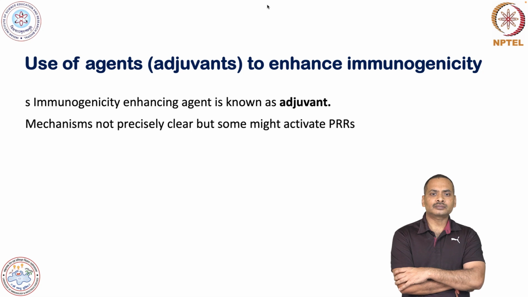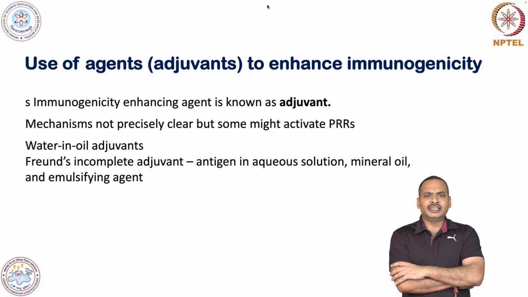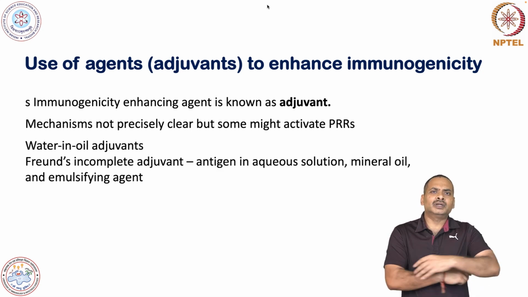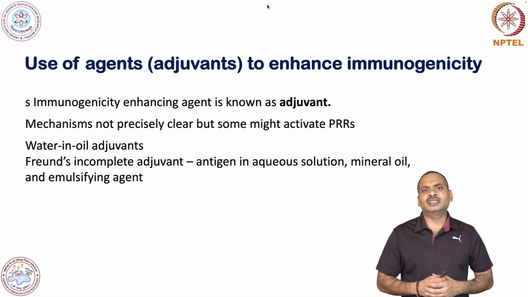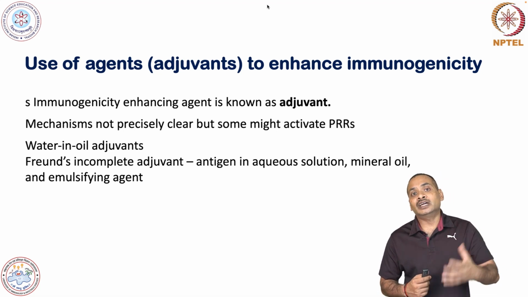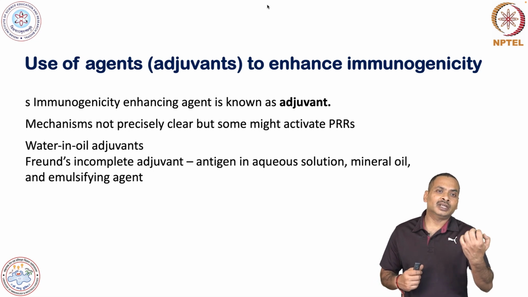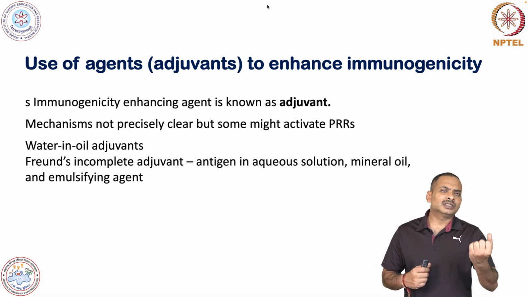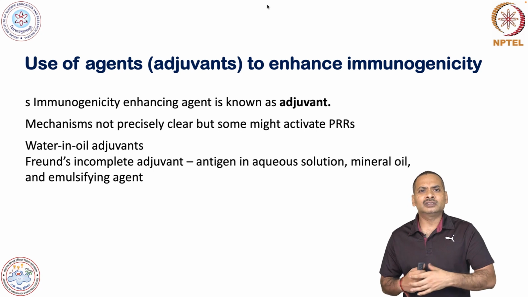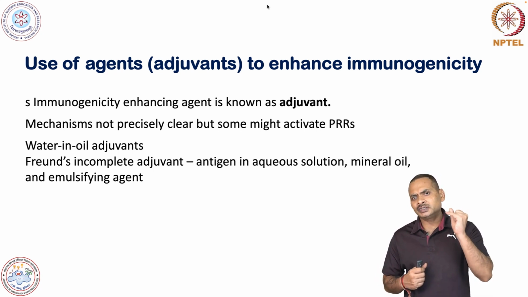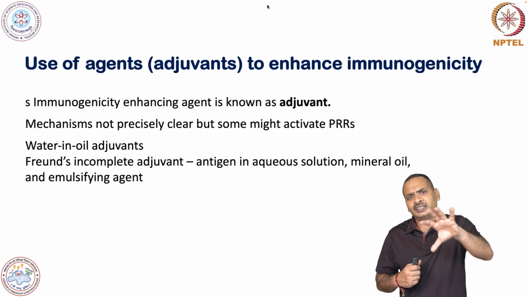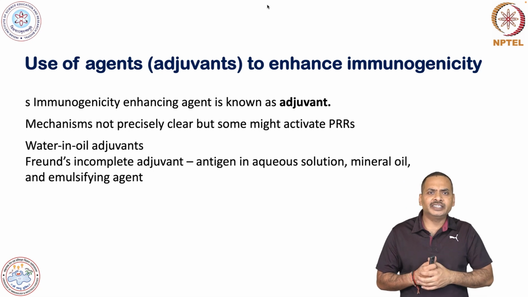Although the mechanism is not very well understood, it is widely accepted that the adjuvant contains some antigen or some PAMPs from a microbial pathogen, so it non-specifically activates the innate immune response.